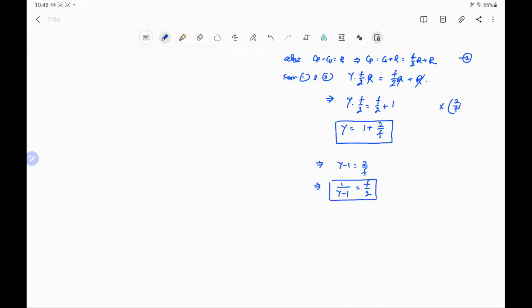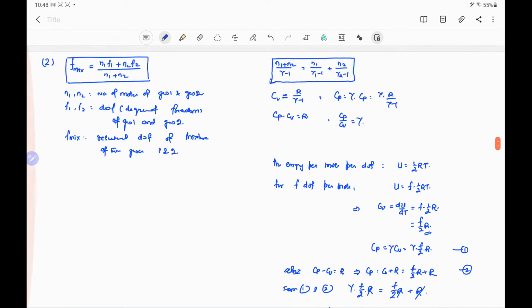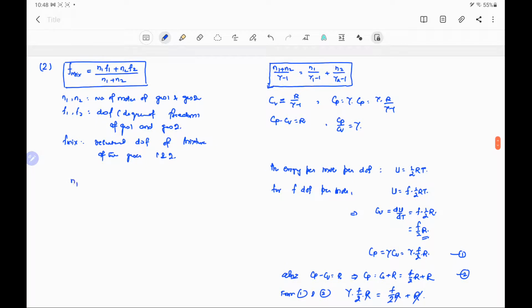So using this equation, we can write that 1 by gamma mixture minus 1 is equal to F mix by 2. 1 by gamma 1 minus 1 for the first gas will be the degree of freedom of the first gas divided by 2, and similarly 1 by gamma 2 minus 1 for the second gas will be equal to F2 by 2.